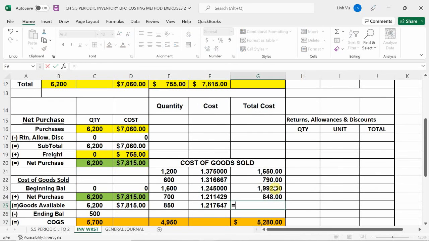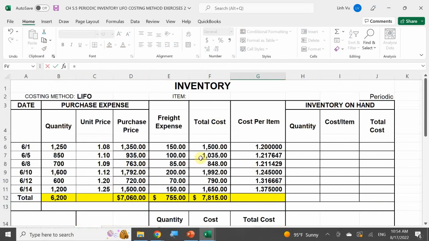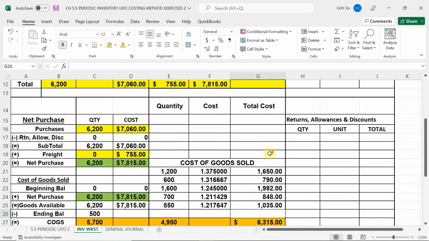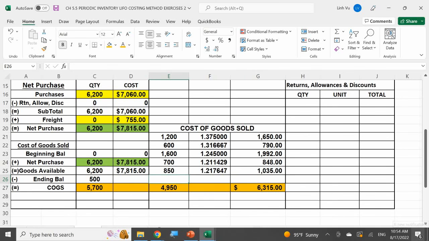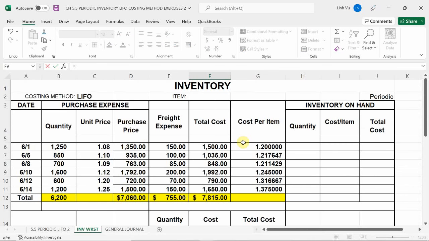Which is going to give me this amount here. So now I'm left with only one batch of inventory and I'm at 4,950 units. I need to sell 5,700. So how many more do I need to keep selling? 5,700 minus 4,950 is 750. Now in this case, I only have one batch of inventory, so I'm not going to sell all 1,250 units.